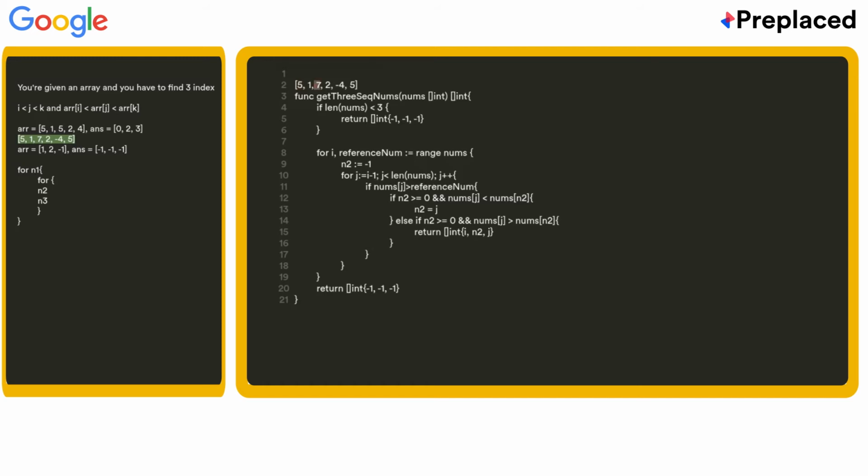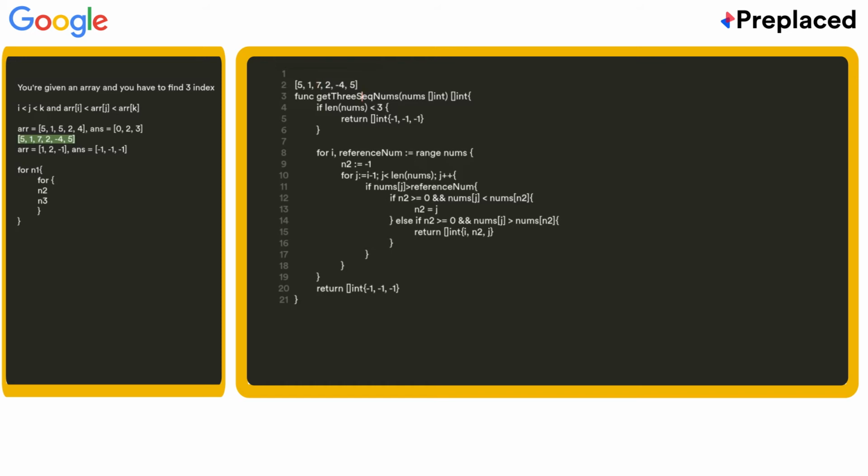In this case, n2, that is the index that we've selected, it will become 2. Right now we have indexes 0 and 2, and it will continue looking for numbers that are greater than the reference number, that is 5, but smaller than 7, but it will not find any such number.